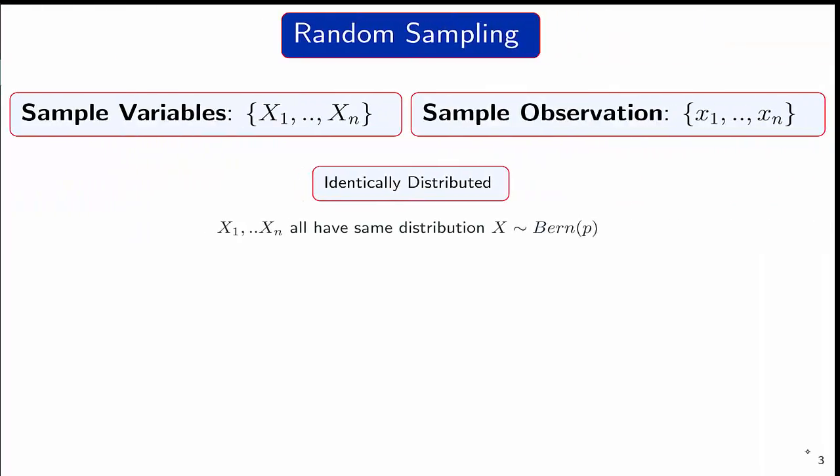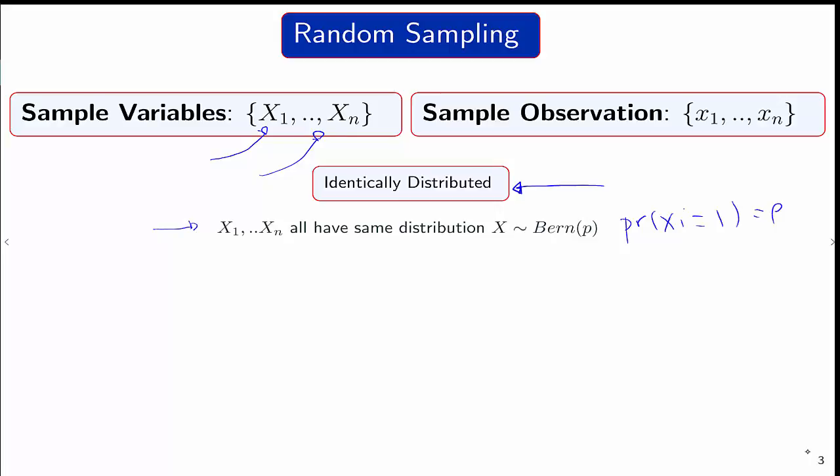So we need to make some assumptions on the properties of these sample variables. The crucial assumption first is that each person has the same probability that the event occurs. This is known as the assumption that the sample variables are identically distributed. In our case, this would mean every single person has the same probability that they are employed or not.